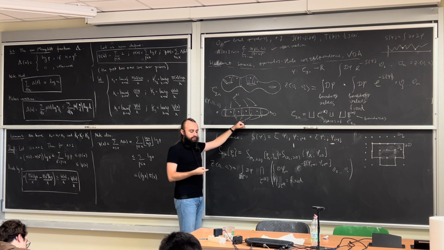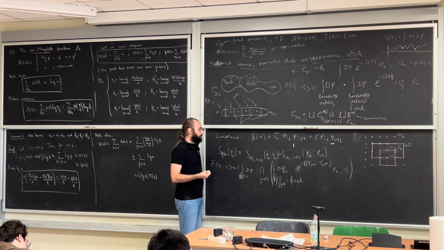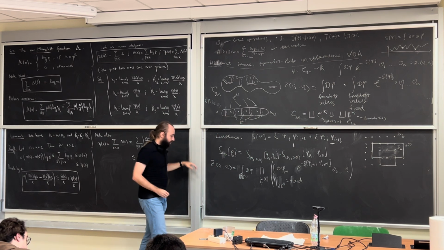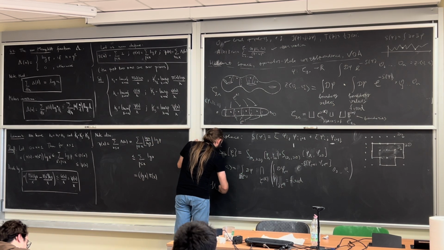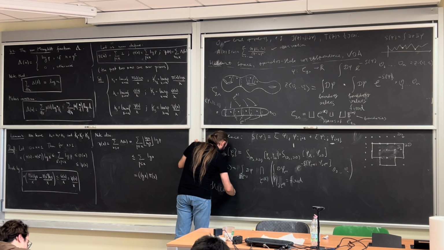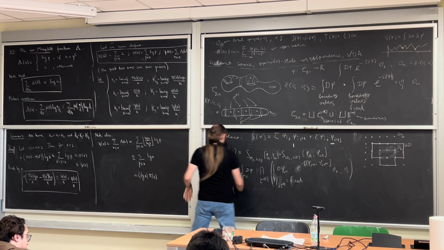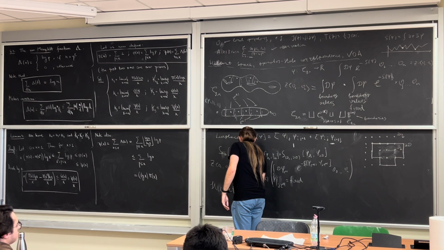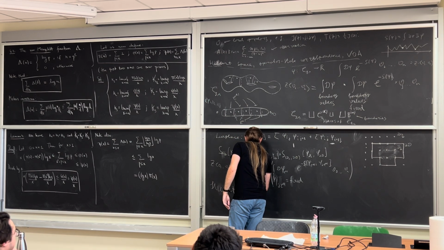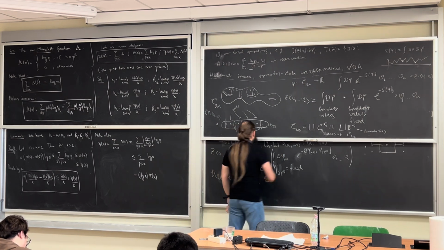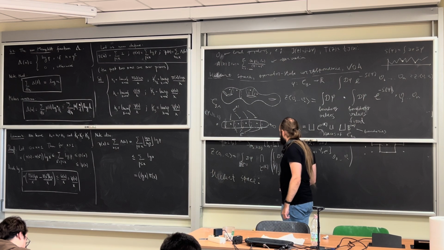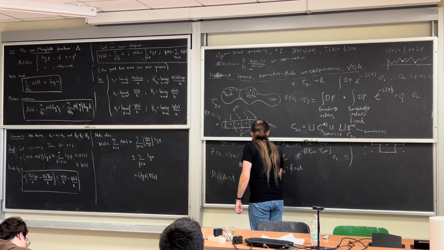So now, what is the Hilbert space and what are the objects acting on this Hilbert space? So the Hilbert space is the space of functionals on the boundary values.